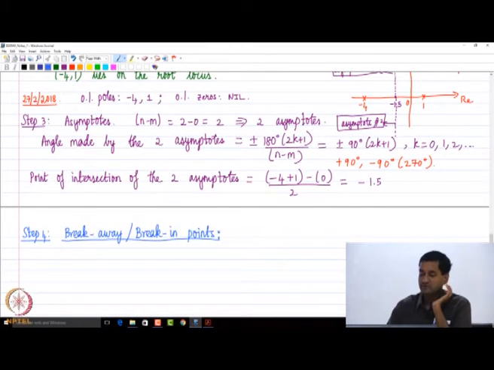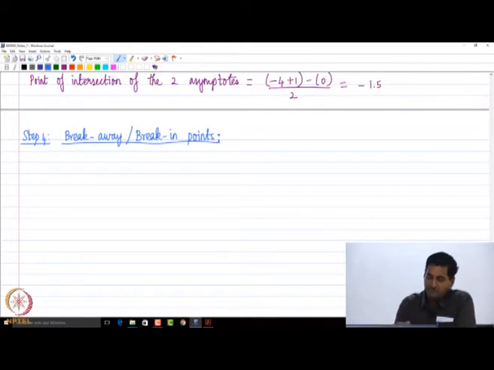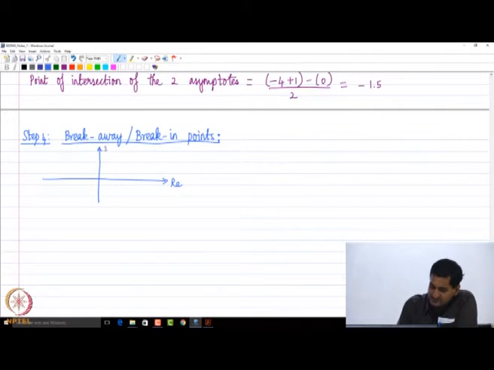So when will I have a breakaway point? For example, let us say I have the real axis, and let us say this is my imaginary axis. Suppose, like in this example, I have minus 4 and 1.